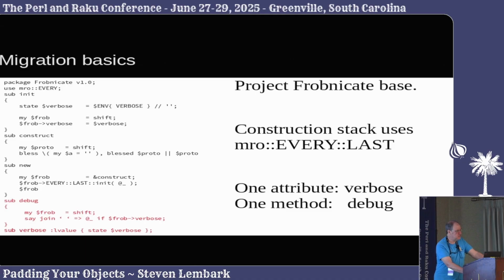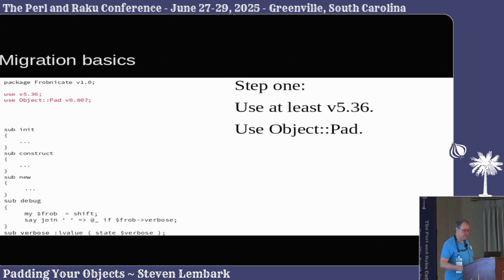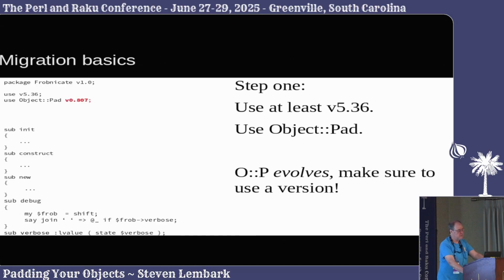So if you said, gee, I want to use Object::Pad, well, the first thing you're going to have to do is use at least v5.36 so that you can get the basic Perlisms for it, and of course, use Object::Pad. One important thing about Object::Pad: it is evolving. It evolves pretty quickly. Please make a habit of putting the Object::Pad version number when you use it.